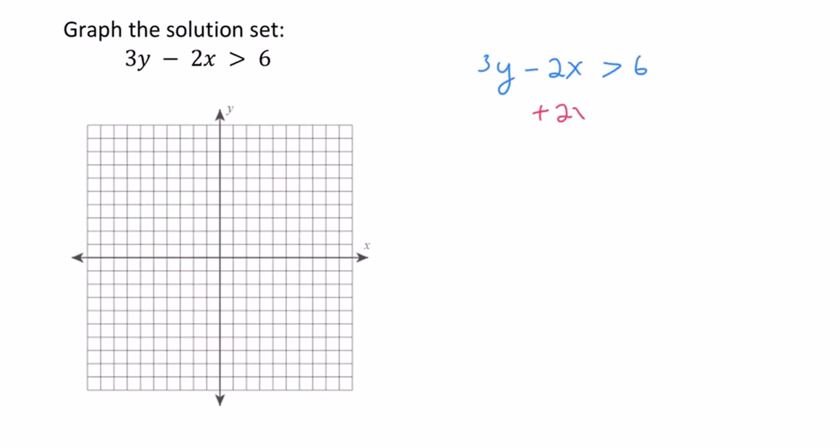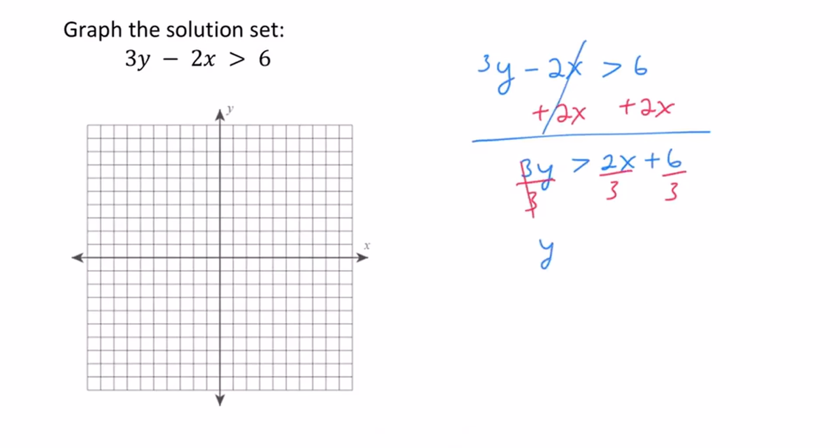Add the 2x over. So 3y is greater than 2x plus 6. Divide out the 3. So y is greater than 2x over 3 plus 2.